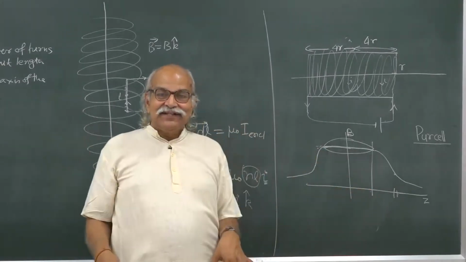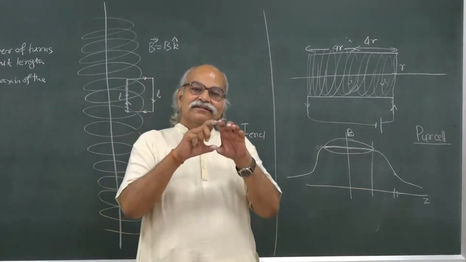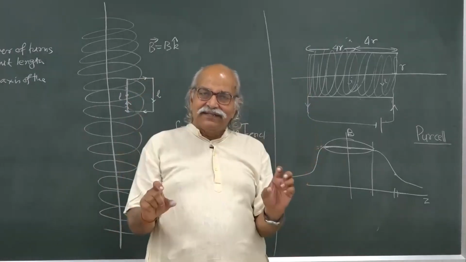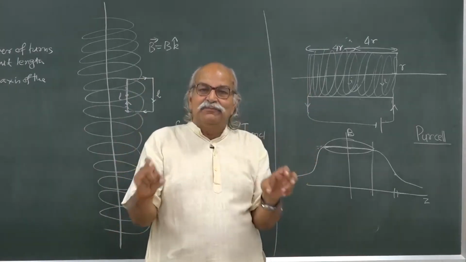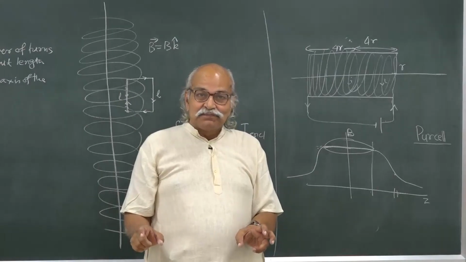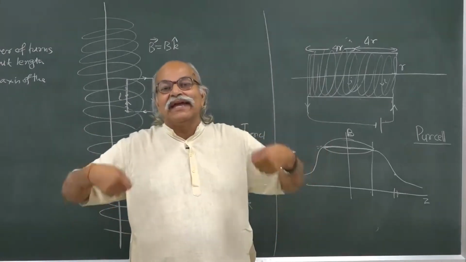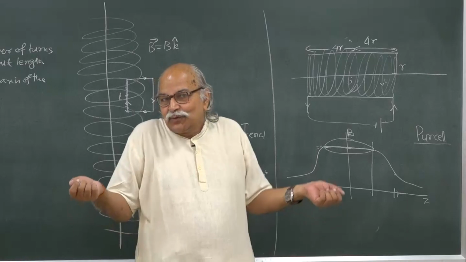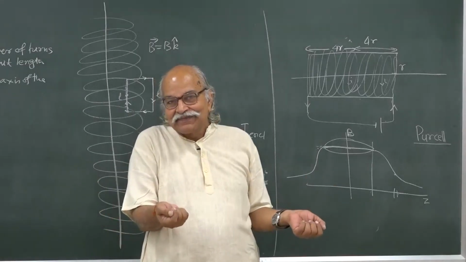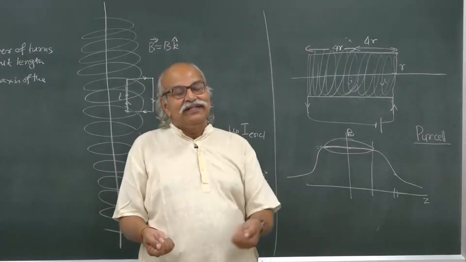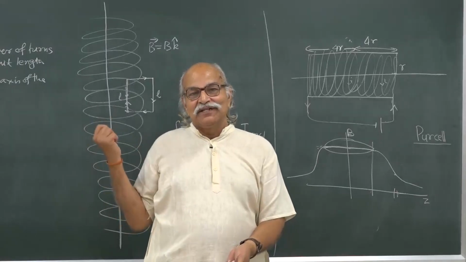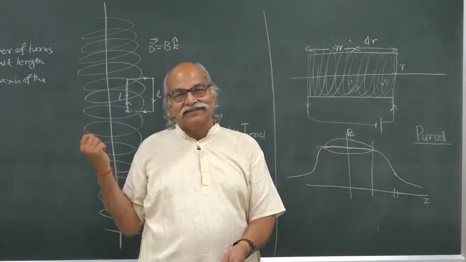So, inside the solenoid you can still say that it is a constant magnetic field mu naught N I, provided you are not very close to the ends. If you are say 2 radii inside or 3 radii inside, you can very safely use this formula mu naught N I. So, we will stop here.